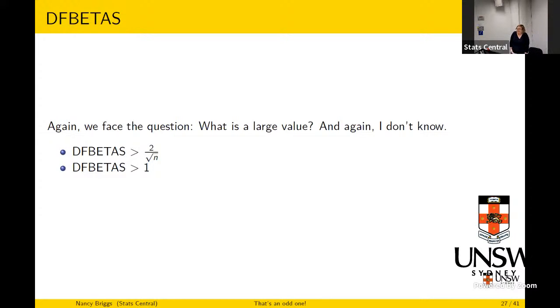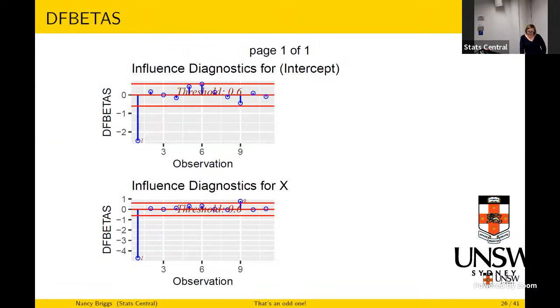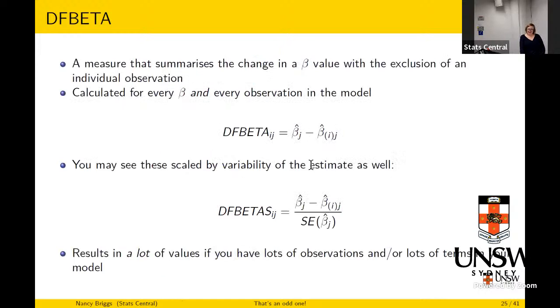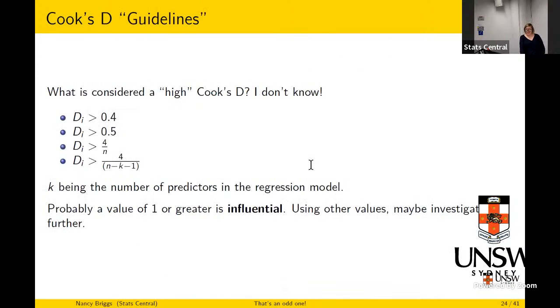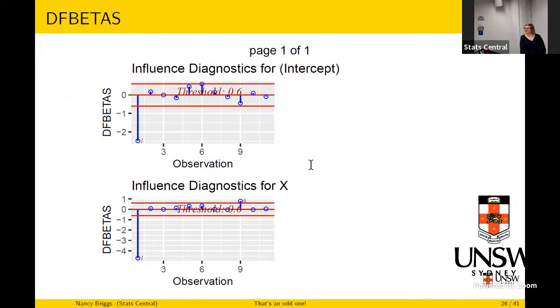I don't really know what's a big one, but I can say that I'm getting the idea that this observation has big Cook's D, and has big DFBETAS for both of my coefficients. I might have an influential data point here.